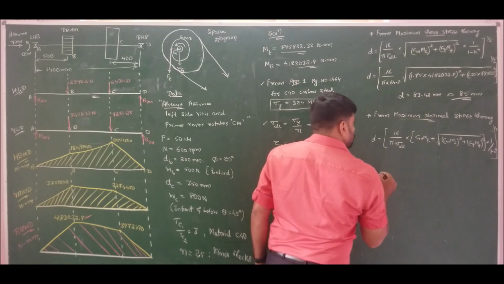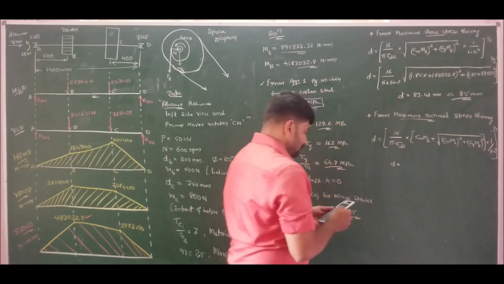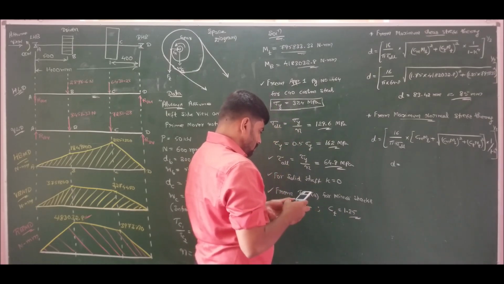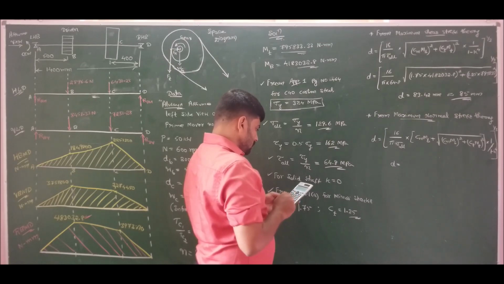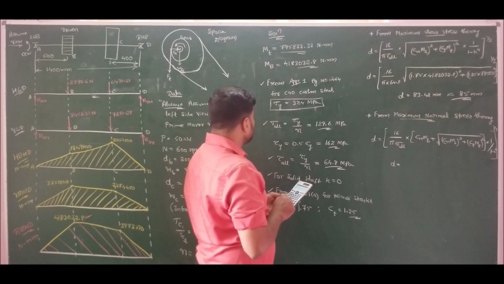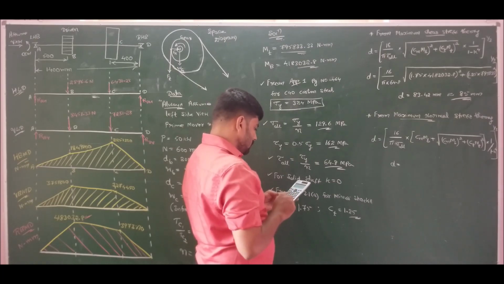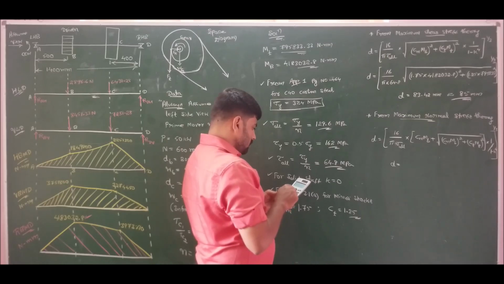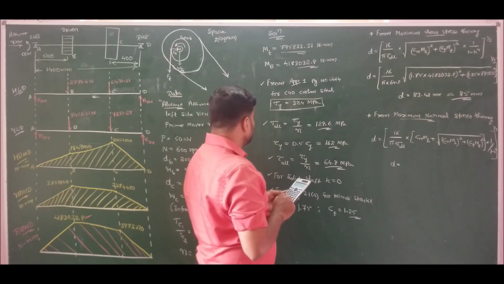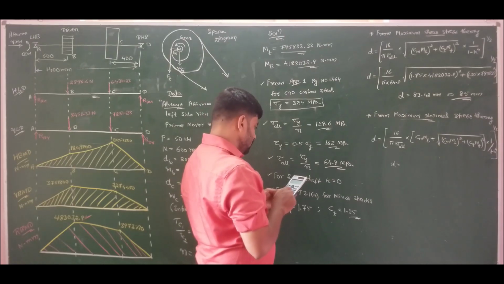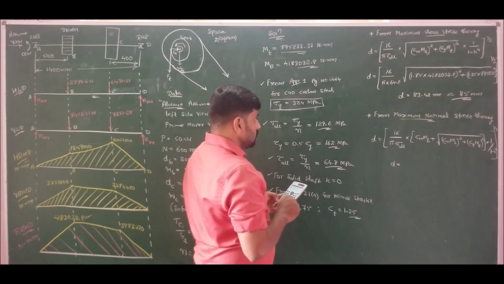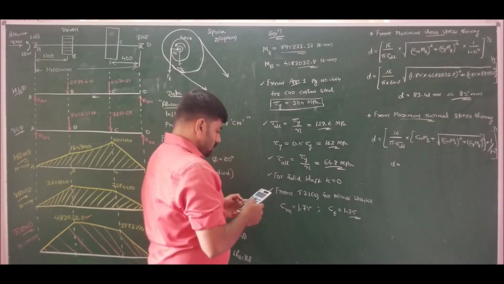Now if I substitute all the values and solve, I will get the value of D as 16 by pi into sigma allowable is 129.6 into Cm is 1.75 into Mb is 418032.8 plus root of Cm is again 1.75 into Mb is 418032.8 square plus 1.25 into 795833.3 square into 1, whole to the power of 1/3.